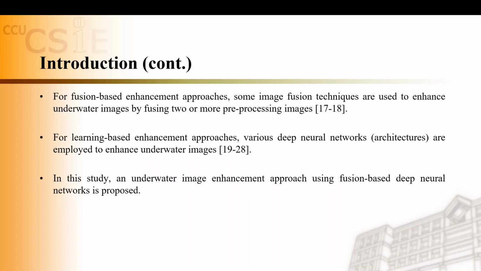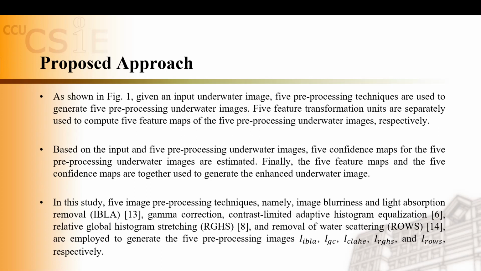In this study, an underwater image enhancement approach using fusion-based deep neural net is proposed. As shown in Figure 1, given an input underwater image, 5 pre-processing techniques are used to generate 5 pre-processing underwater images. Then 5 feature transformation units are separately used to compute 5 feature maps of the 5 pre-processing underwater images respectively.